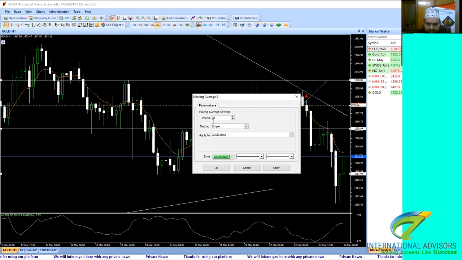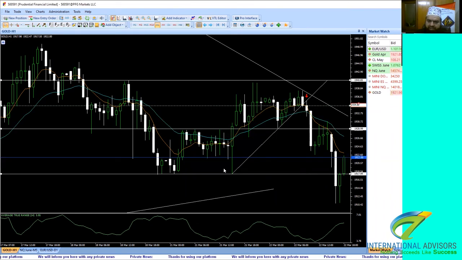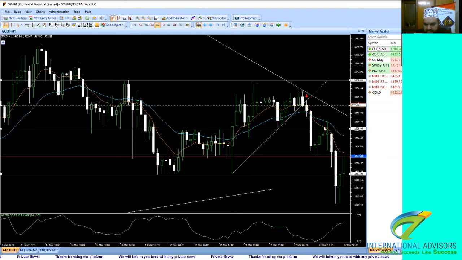Now select 21 here. Under method, again exponential. Maybe we can change the color a bit for differentiation, like this. So now you can see these are two lines. One is orange and one is sky blue.